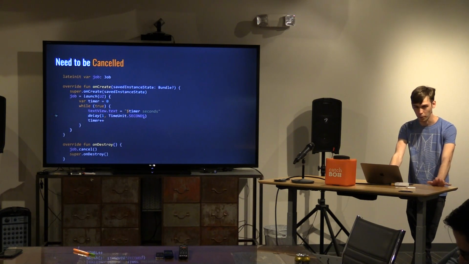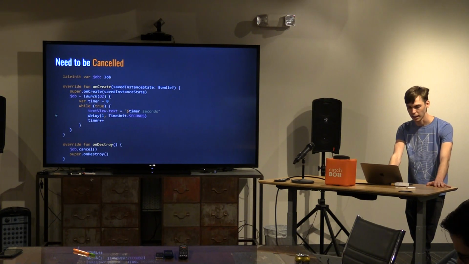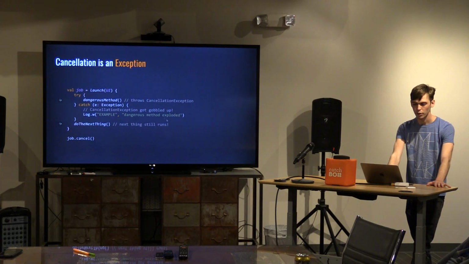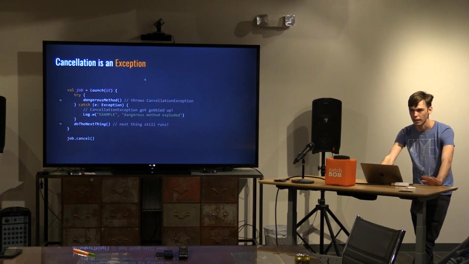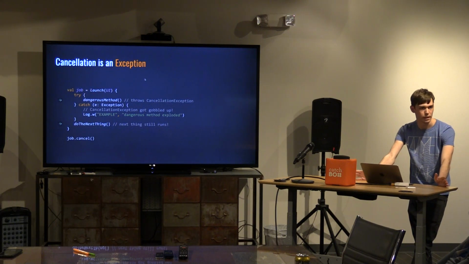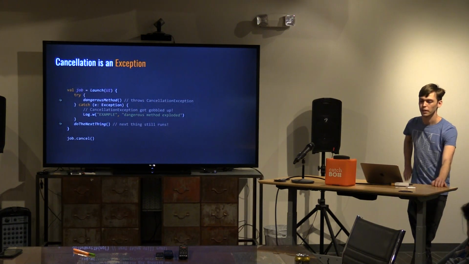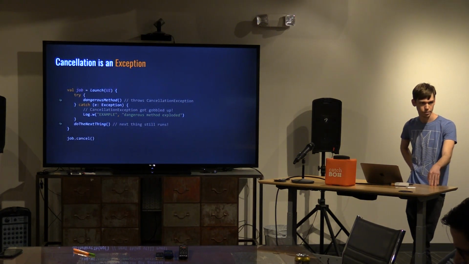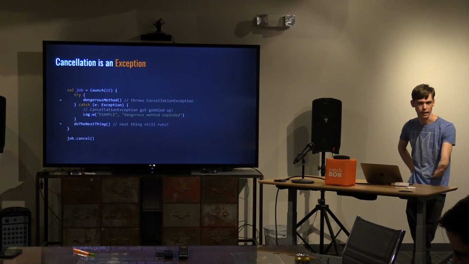There are a few more cancellation gotchas that are less obvious. One thing is cancellation is also not magic. It's just implemented with an exception. So when you call job.cancel, it goes back to the point that you suspended and throws a cancellation exception.